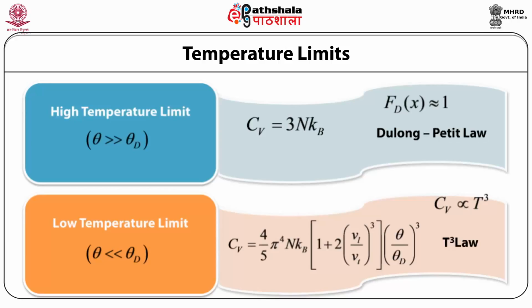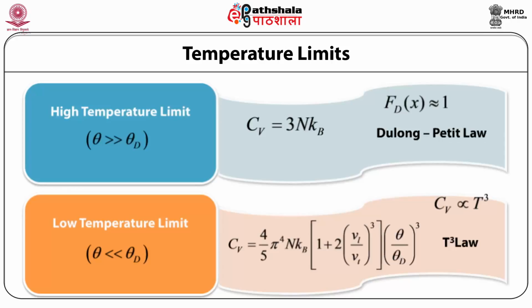And in the low temperature limit, when theta is much less than theta d, the expression for the specific heat Cv is equal to 4 by 5 pi raised to power 4 n kb, brackets 1 plus 2 VL by Vt, whole cubed, whole multiplied by theta by theta d, whole cubed. As you can see, theta is proportional to the capital T that we know, the temperature.